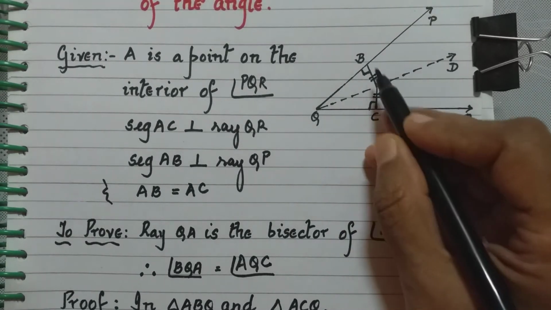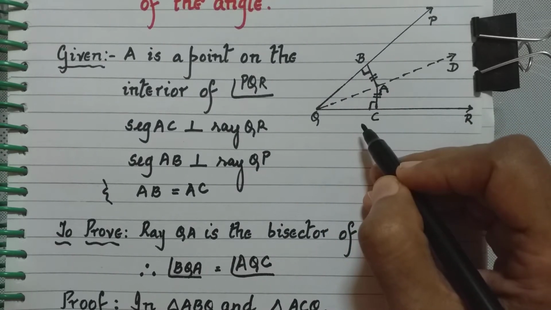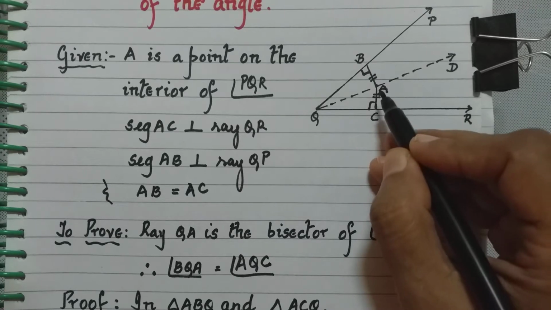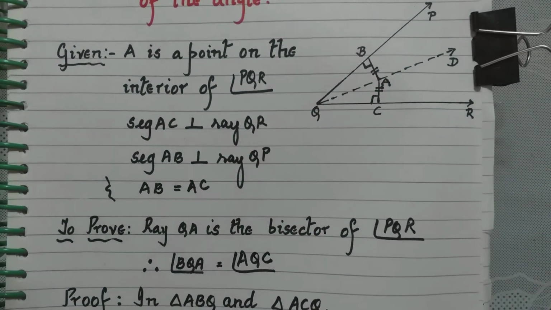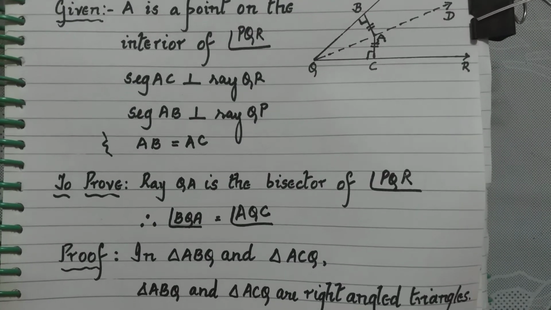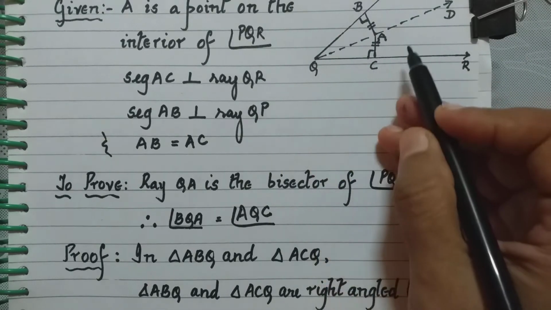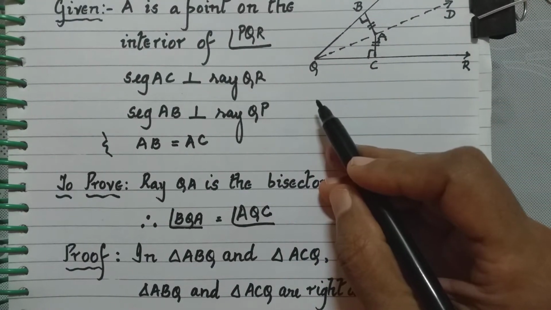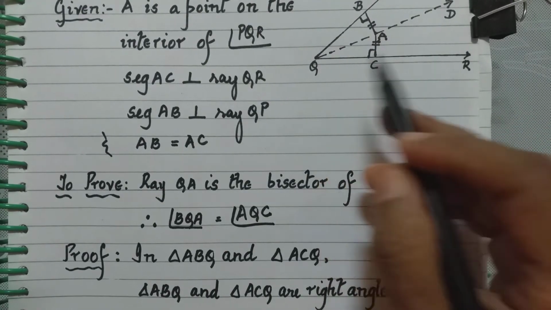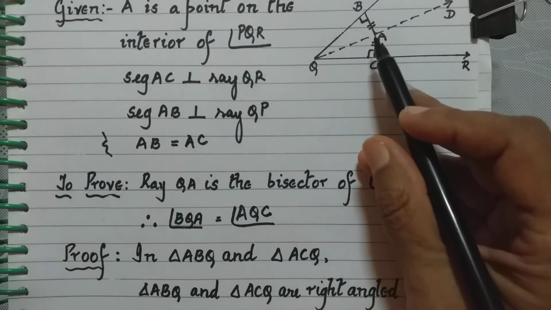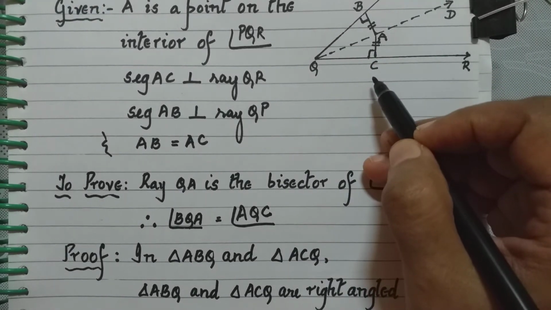So what will we do? We will consider these two triangles and show that they are congruent. So in triangle ABQ and triangle ACQ, both are right angled triangles, right?